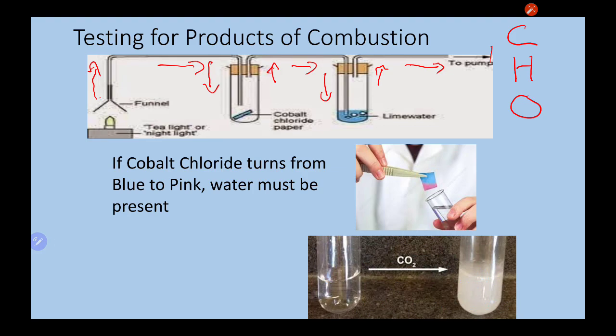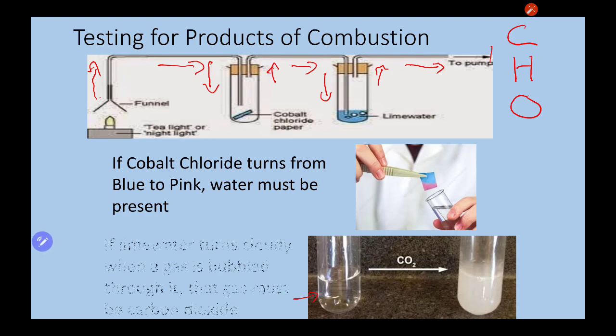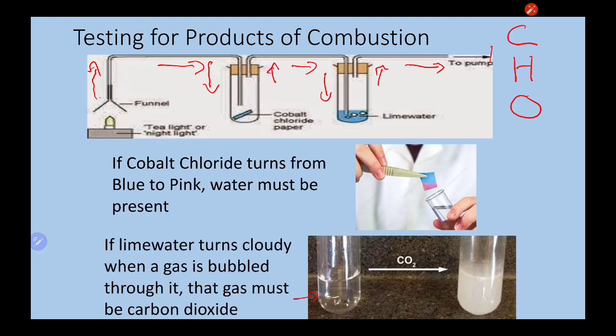What about our second test tube? It contains something called lime water. Lime water is clear and colourless, like here. That's what it looks like naturally on the left-hand side. But when you bubble carbon dioxide through it, it turns cloudy. So if the second test tube turns cloudy, then you know that carbon dioxide is given off.